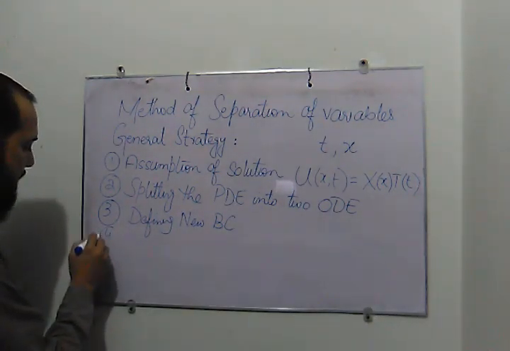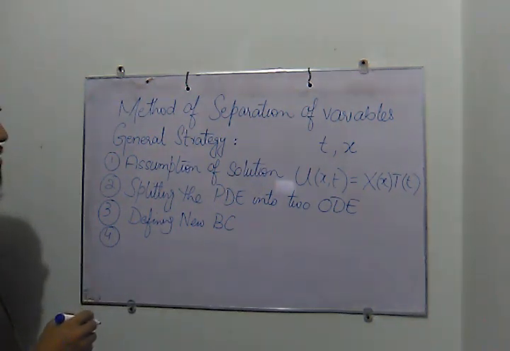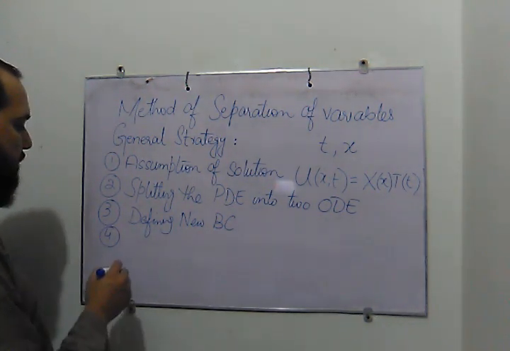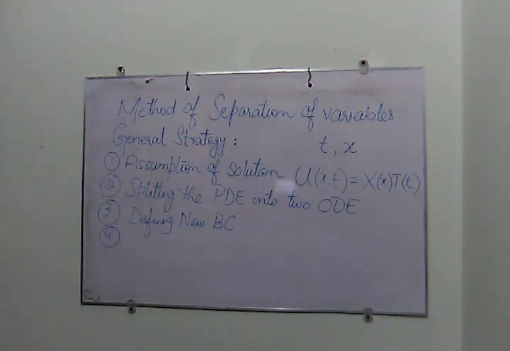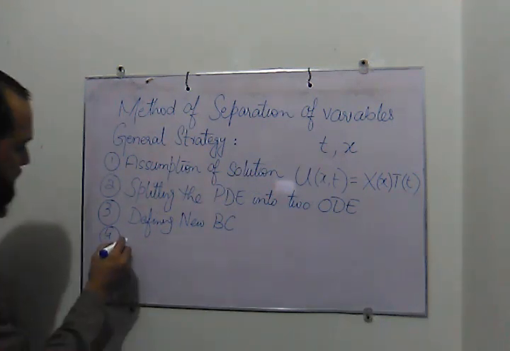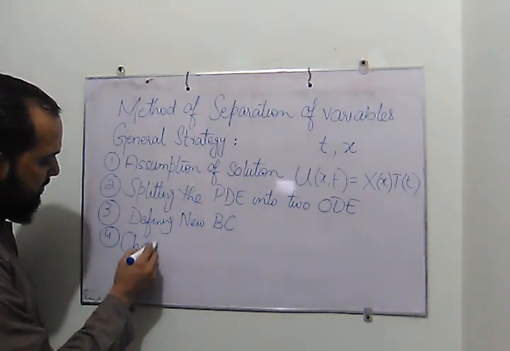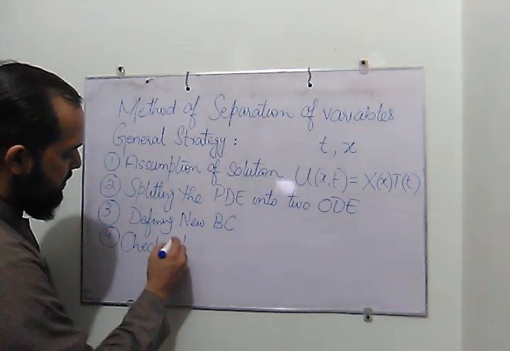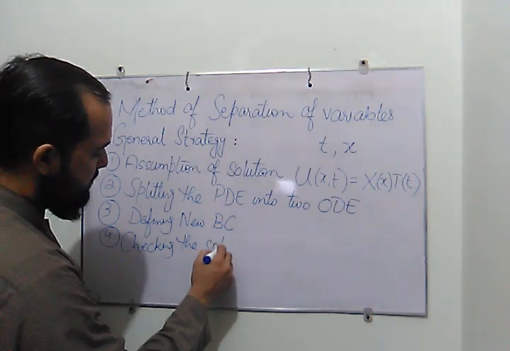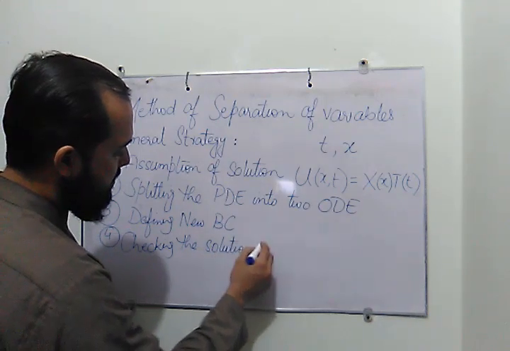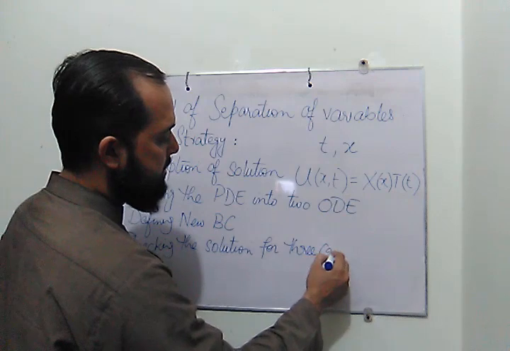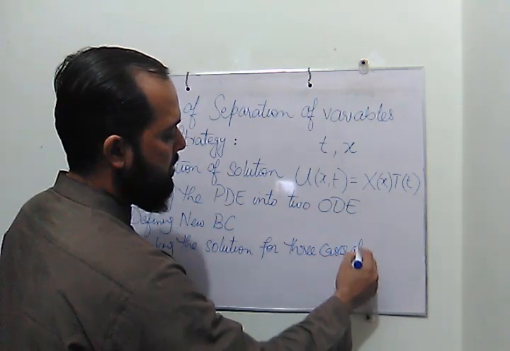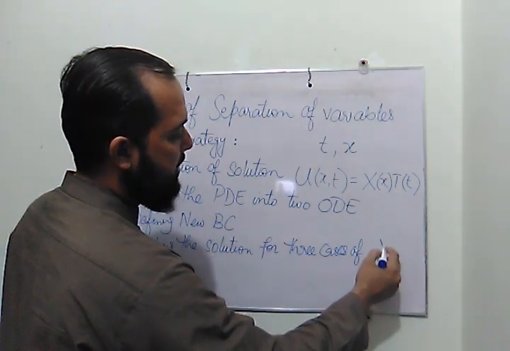And the fourth step is we solve the ordinary differential equation for three cases of the constant of separation. I am writing it like checking the solutions for three cases of lambda.